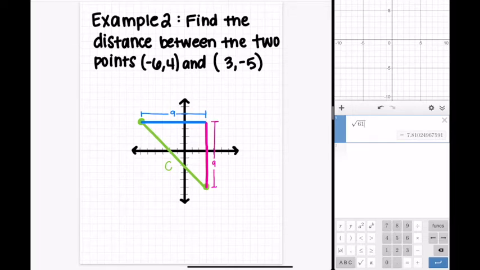So we'll take 9 squared plus 9 squared equals C squared. So that's 81 plus 81 equals C squared. 81 plus 81 is 162. Then take the square root on both sides.